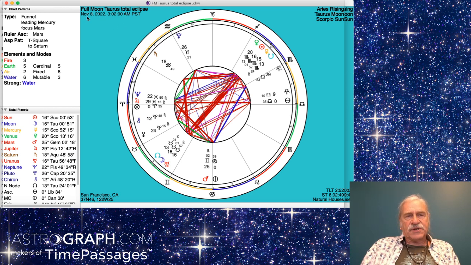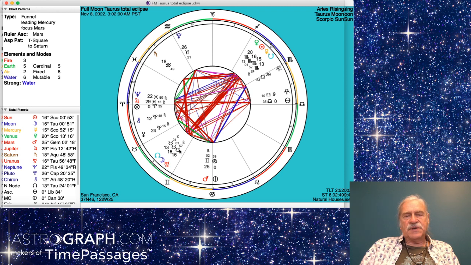For one thing, it's on November 8th, which is Election Day, 6 a.m. on the East Coast, when the polls open in Washington, D.C. on Election Day. This is cast for San Francisco, but it would be 6 a.m. if you were doing it for Washington, D.C. And then 16 degrees, this is, of Scorpio and of Taurus, with the moon at exactly the same degree as Uranus.